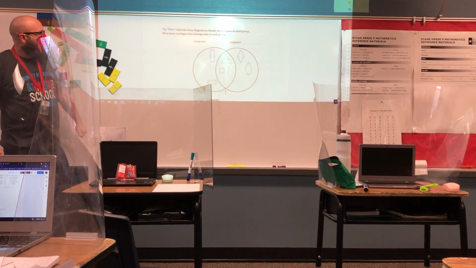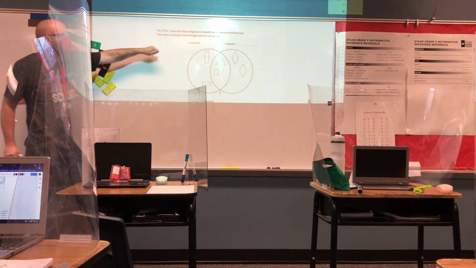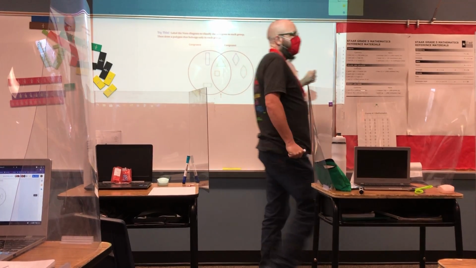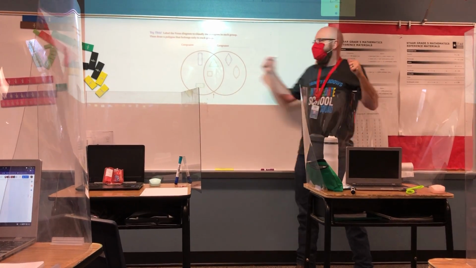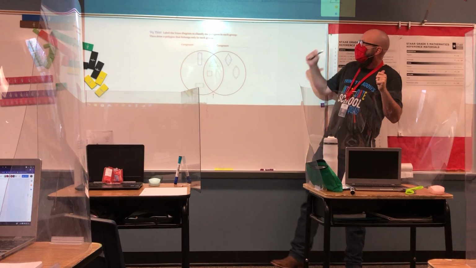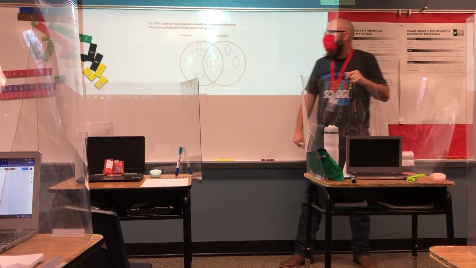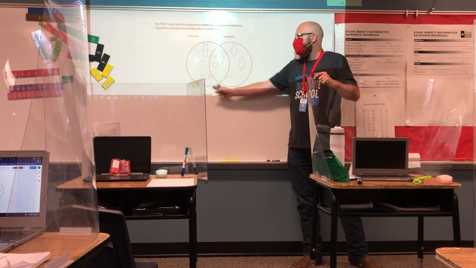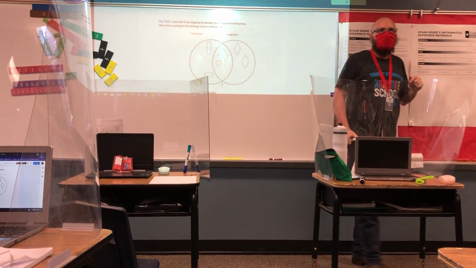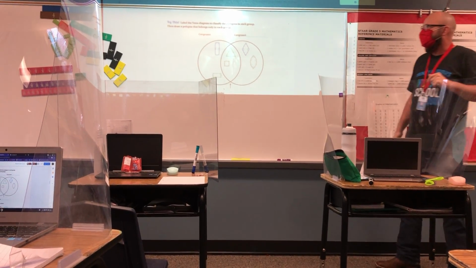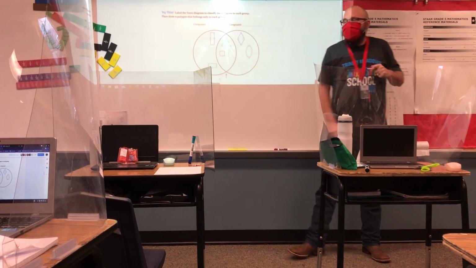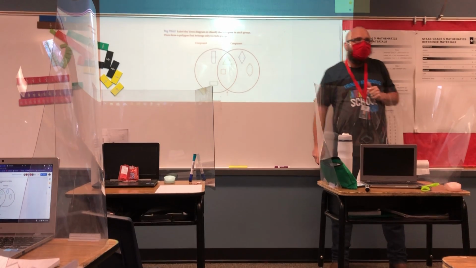All right, so let's look at this. We're going to label the Venn diagram. We have to know congruent. So one of these is going to be congruent sides, and one of these is going to be congruent angles. And obviously it says here regular, so that means they have both congruent sides and congruent angles. So this first circle on the left, they are congruent.